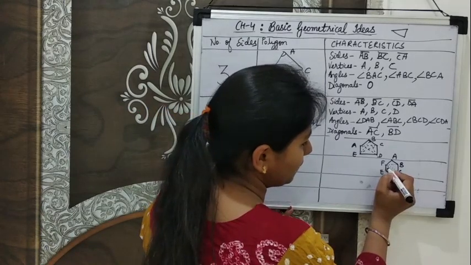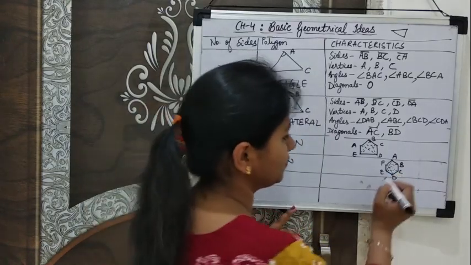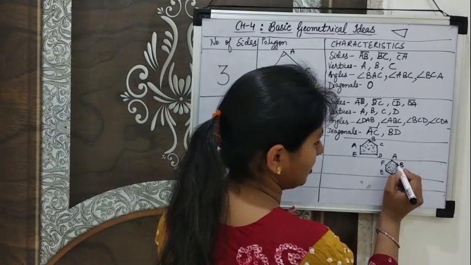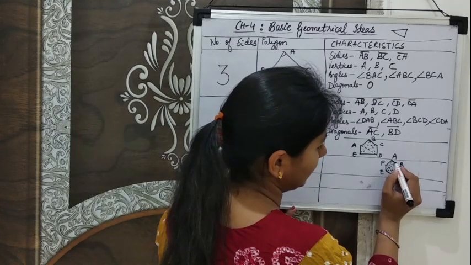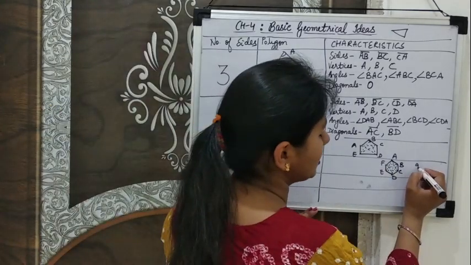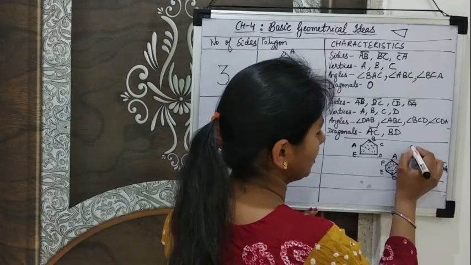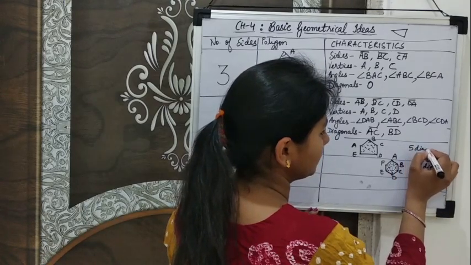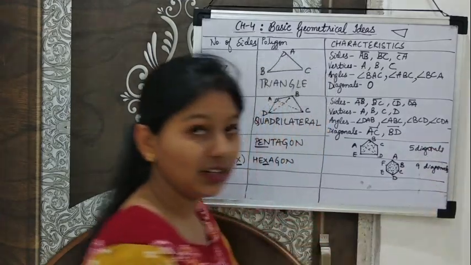Similarly from E, 4 diagonals, 5, 6, 7, 8 and then 9 diagonals. So in all, in this figure 9 diagonals are there. In the pentagon 5 diagonals were there. We have learned how we can draw the diagonals.